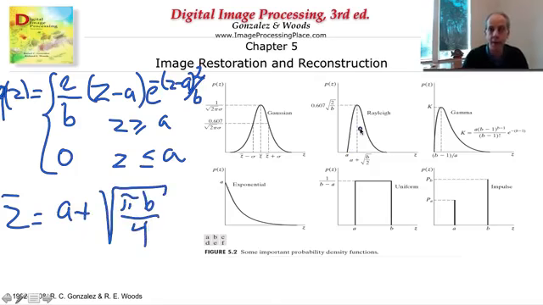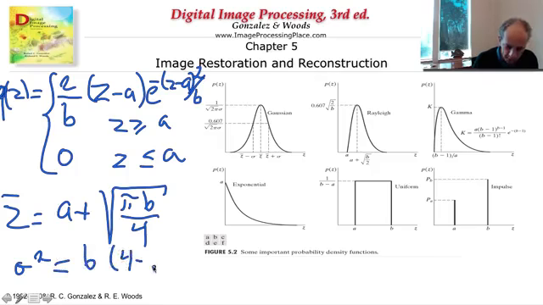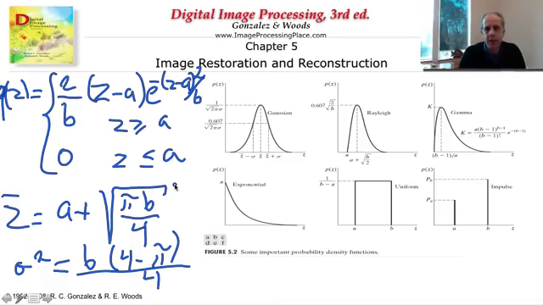So that's the average of the signal if we have that type of noise. And the variance of the signal, I apologize, is b times (4 minus pi) over 4. Okay? So these are just formulas and simple models of the noise.